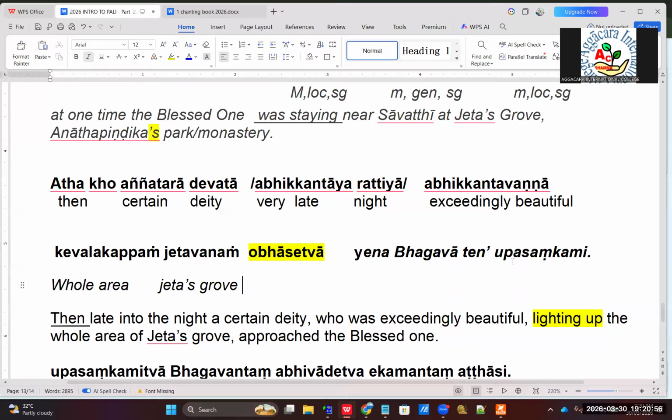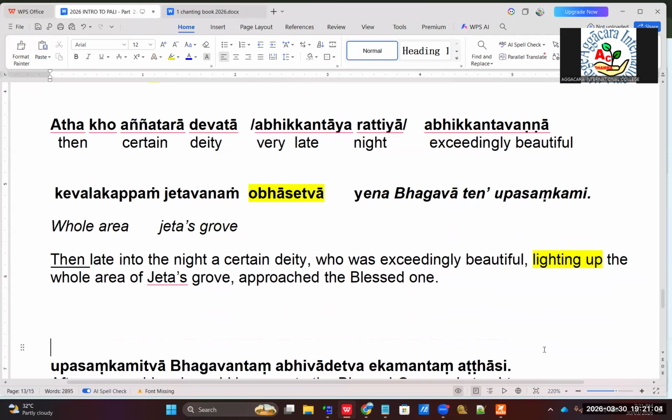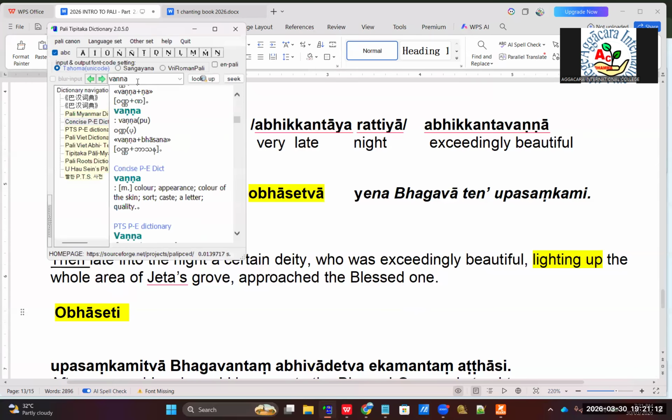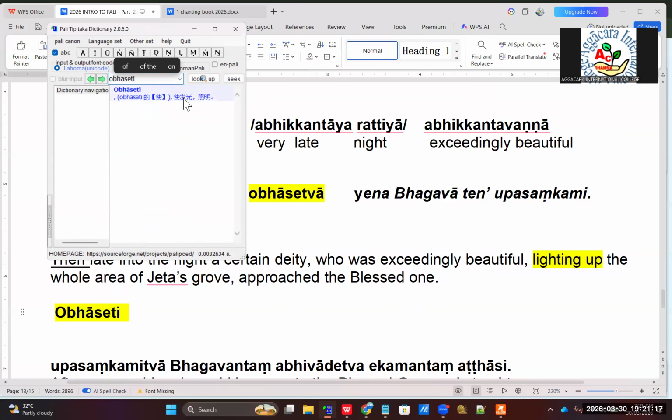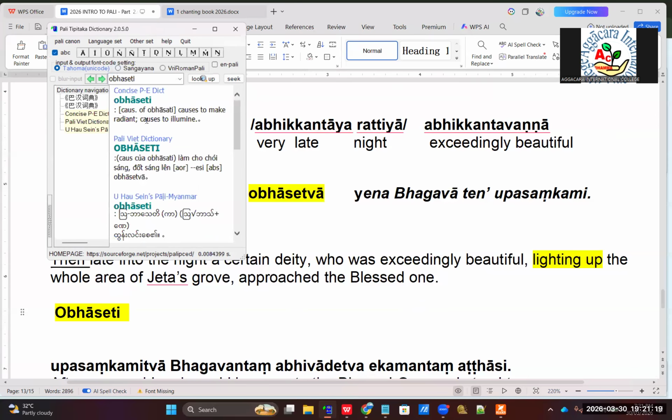Now you can see this Obasetua means lighting up, from the word Obaseti. Cast, illuminate, all right?